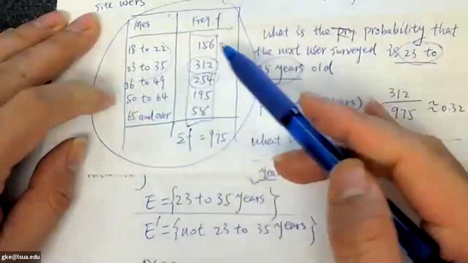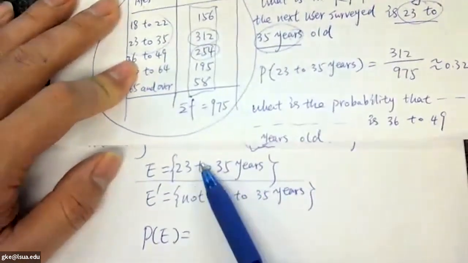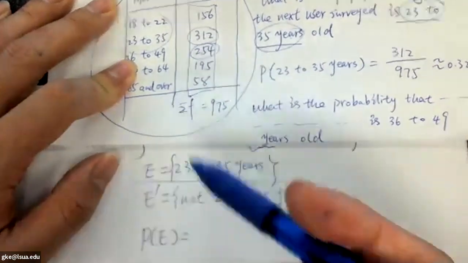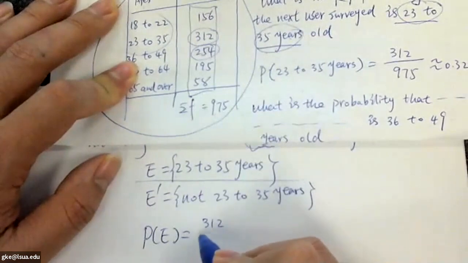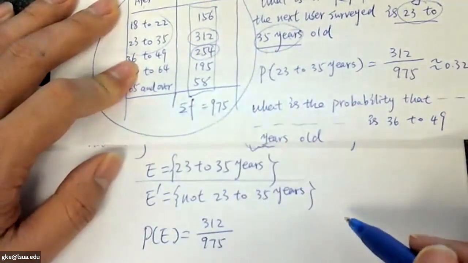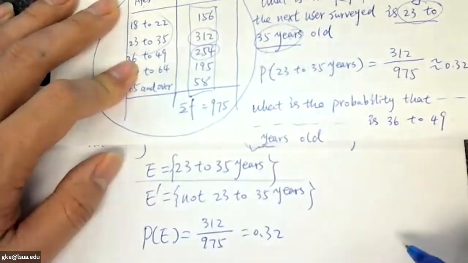From 23 to 35, that is 312 divided by the total number, and this gives you 0.32, right?